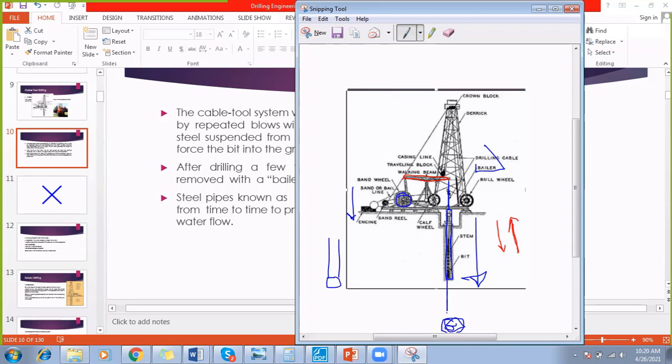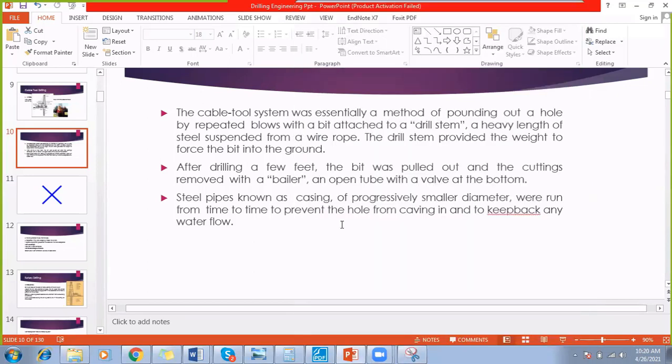You will add a new pipe, and this whole process continues like this. You will continuously make joints so that you may proceed to deeper depths. So here is the explanation of this procedure, and you can see that it is mentioned that the working of cable tool drilling is the pounding action.